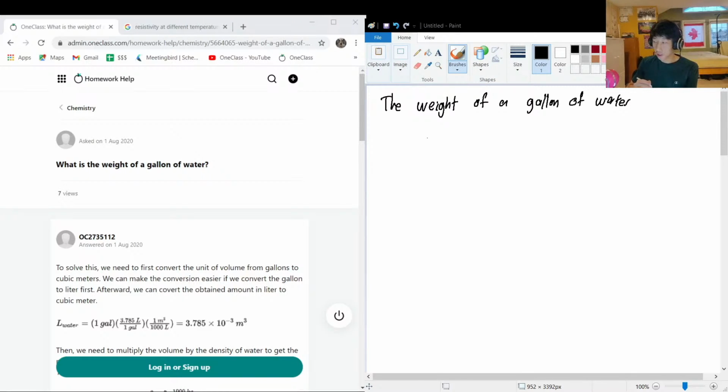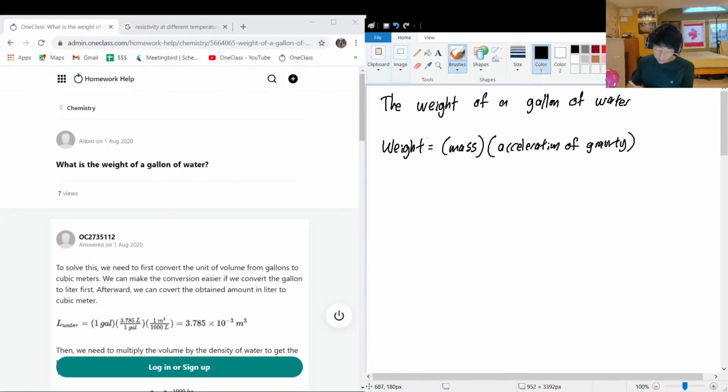Okay, so we know that weight is equal to mass times acceleration of gravity. Acceleration of gravity.